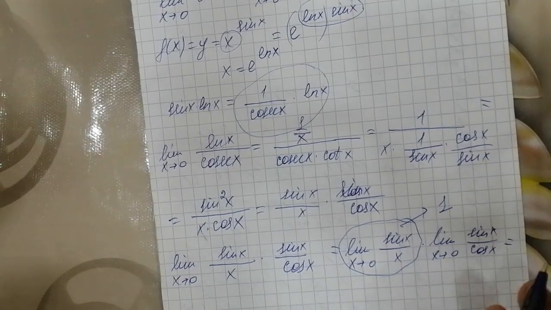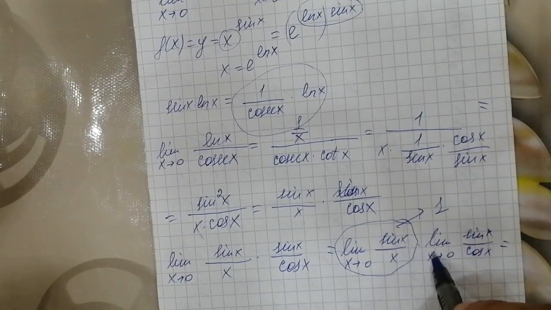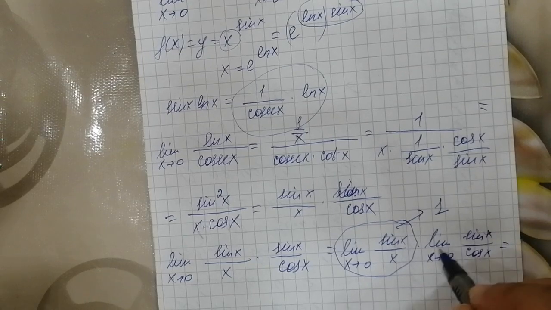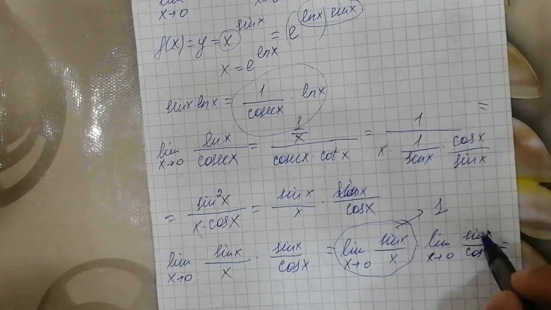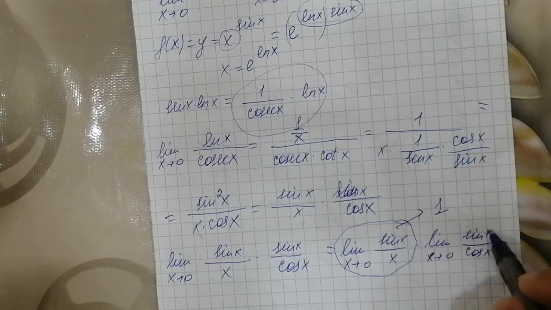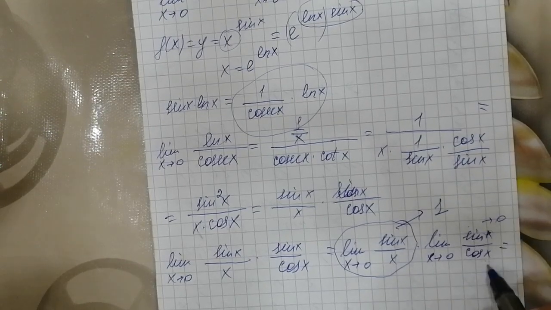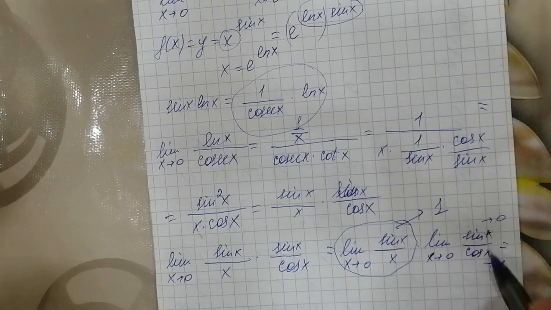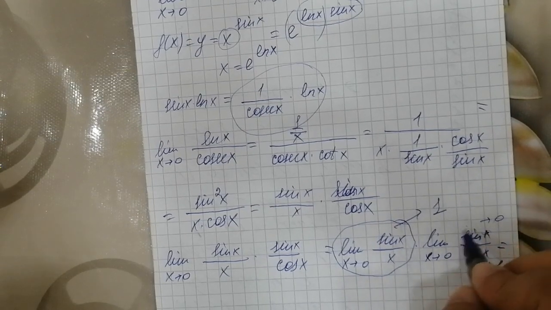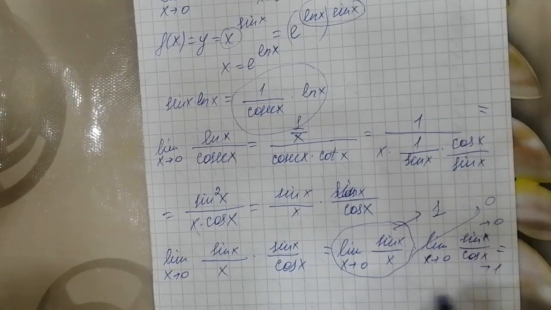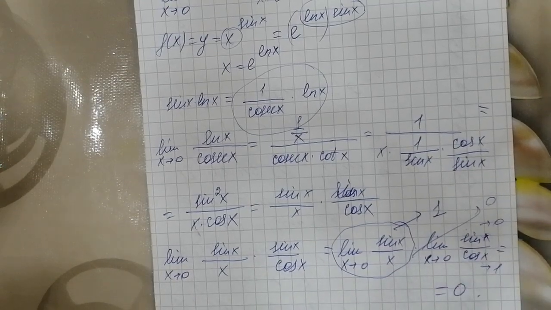This formula, you have to know it. And this second part is the limit when x tends to 0 of tangent x. Sine 0 is equal to 0, cosine 0 is equal to 1, and 0 over 1 will be 0. The limit of the constant 0 when x tends to 0 will be 0. So 1 times 0 is 0.